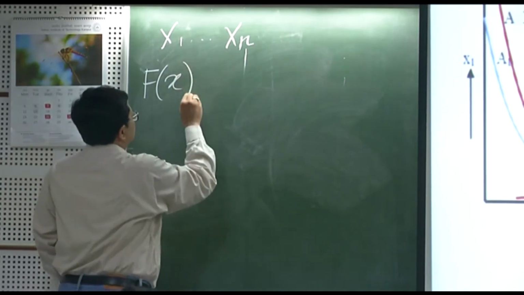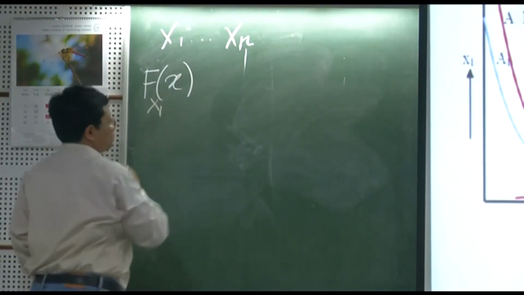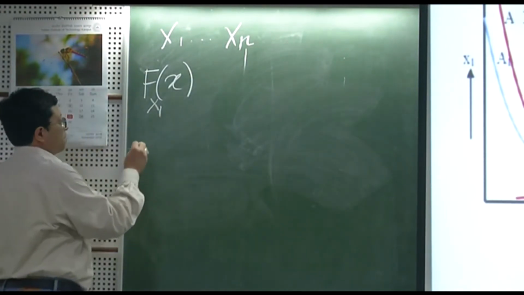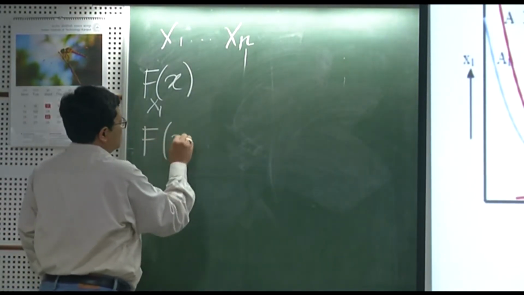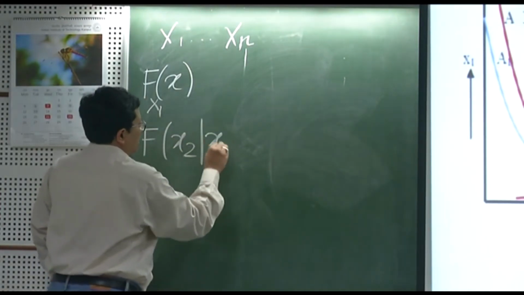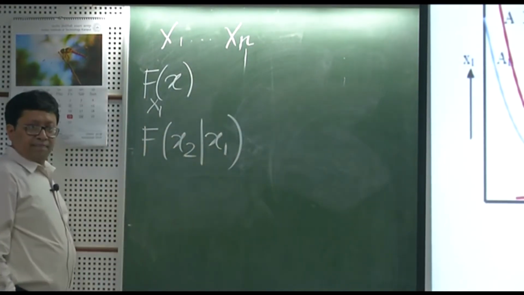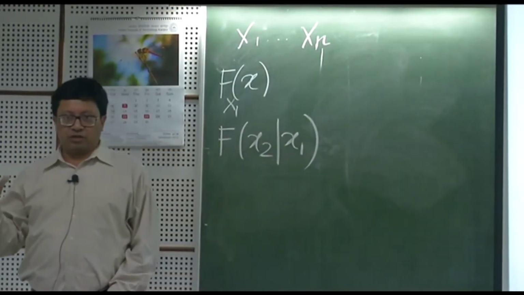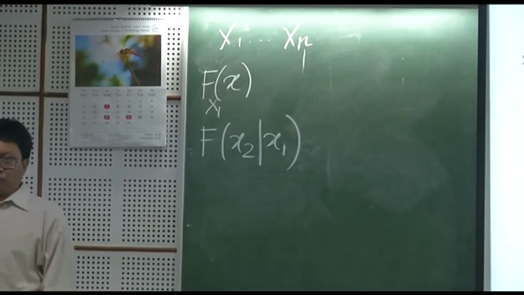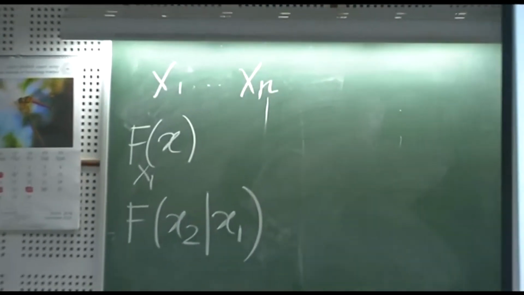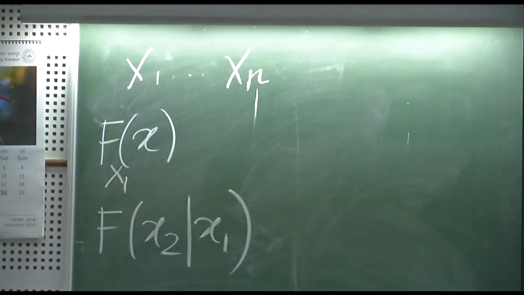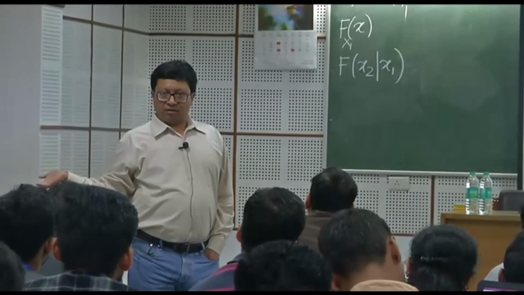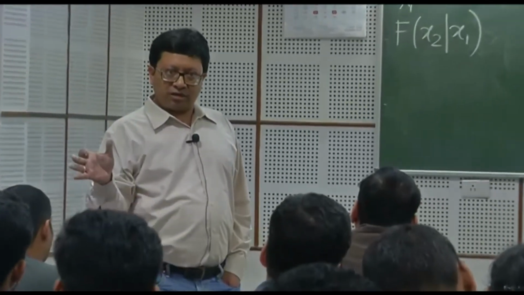So we will consider the distribution of f of x1, and what we do step by step is find out the distribution of x2 given x1. What we are doing is trying to fix x1's distribution, that particular value for which we want to find it out, and then in the next stage find out the distribution of x2 dependent on the distribution of x1, right? So they become orthogonal to each other.